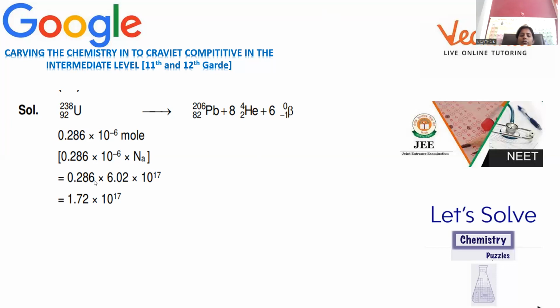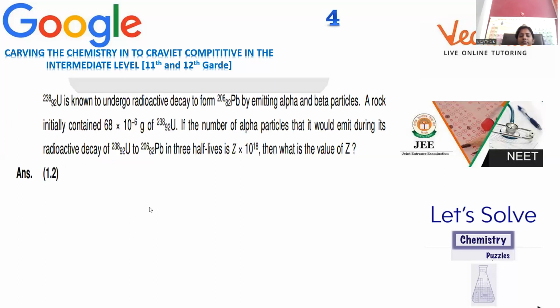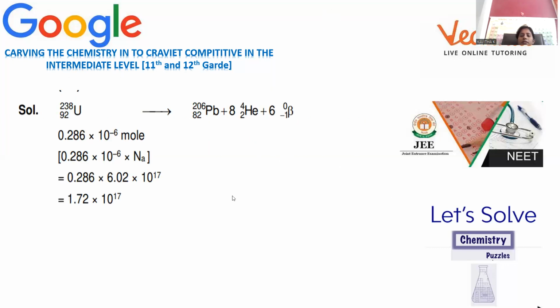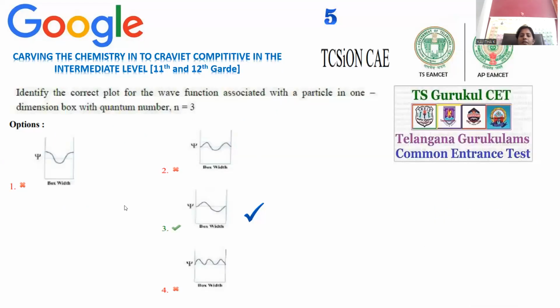When 0.286 into 10 power negative 6 is multiplied with 6.02 into 10 to the power 23, we get the number of alpha particles, 1.72 into 10 to the power 17. This is the way the Z value will be calculated. So for question number 4, 1.7 into 10 to the power 17 is the correct answer.